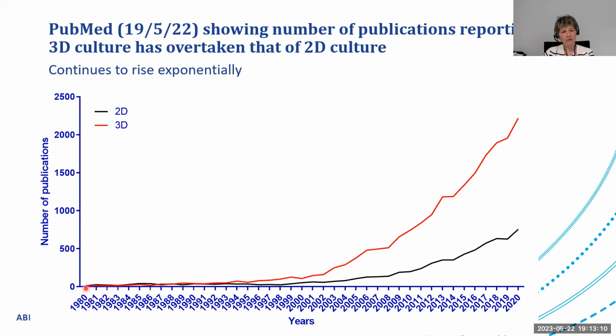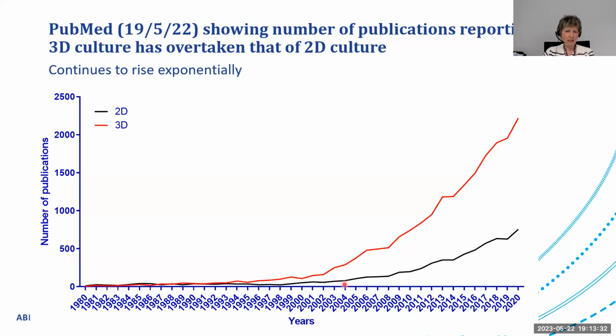And you can see for the first roughly 20 years, there wasn't an awful lot of difference between the number of studies using cell lines versus the number of studies using 3D models. And I remember these days, I started my scientific career around about this point in the 1990s.